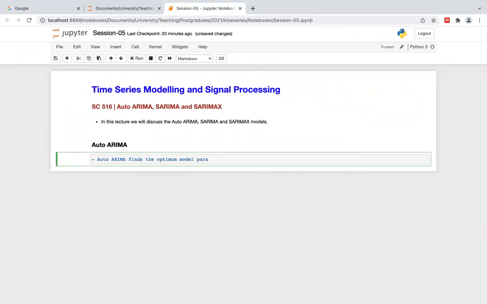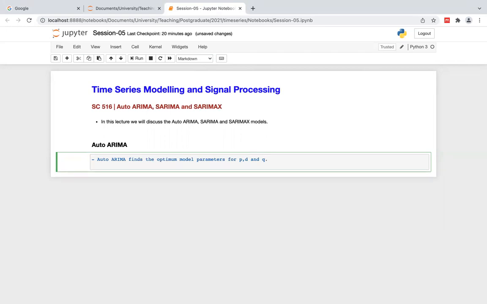But AutoArima finds the optimum model parameters for P, D, and Q. Then we no need to use the PACF and ACF graphs to identify the P and Q parameters manually.